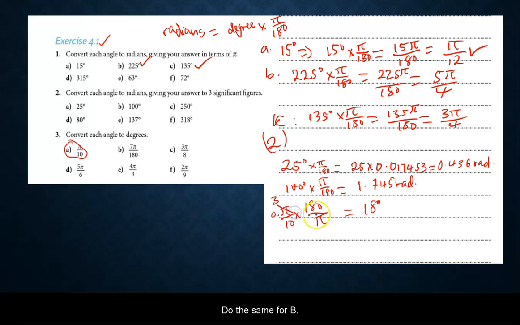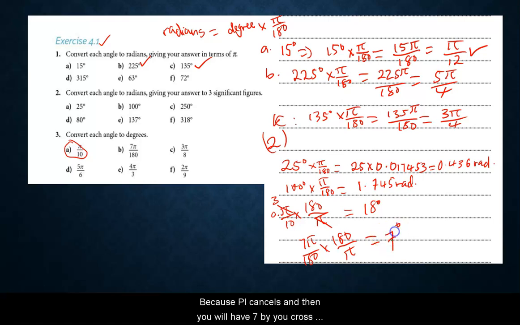Do the same for B. In B, you have 7 pi over 180. Multiply this by 180 over pi, right? If you simplify this, you simply get 7 degrees, because pi cancels.